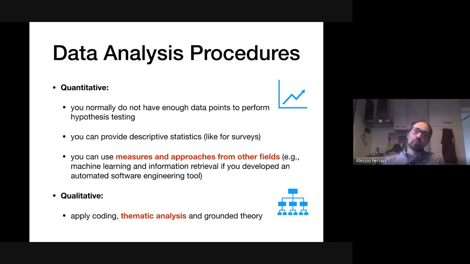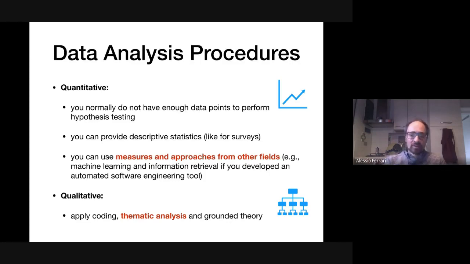So what you do normally is to provide descriptive statistics, or you use measures and approaches from other fields. For example, in our case, we will use approaches based on information retrieval.